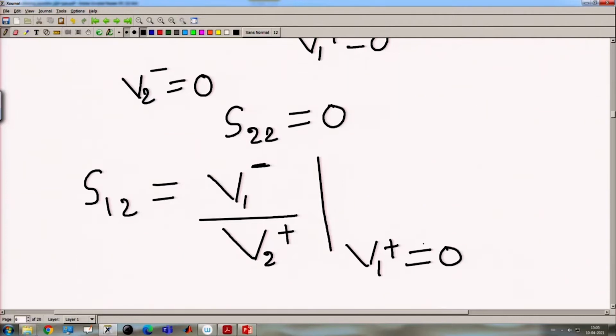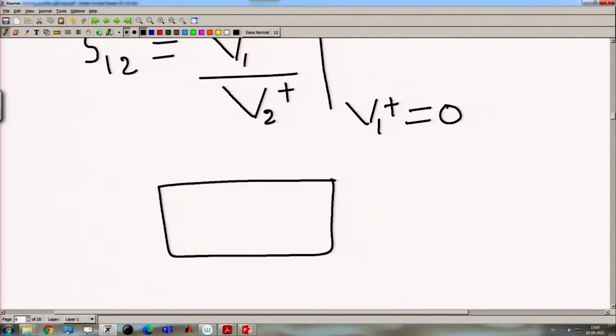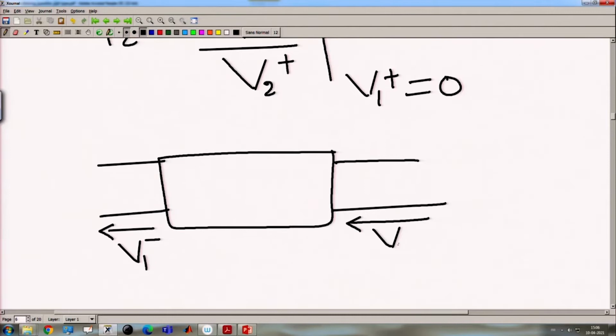V1 plus equal to 0 means port 1 is terminated with a matched load. V1 minus is this one, and V2 plus is this one. So, waves are entering at port 2 and leaving at port 1.